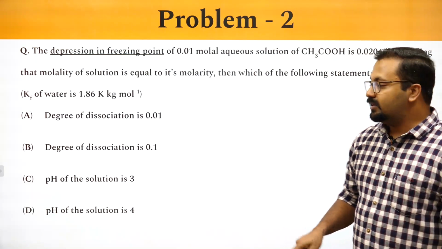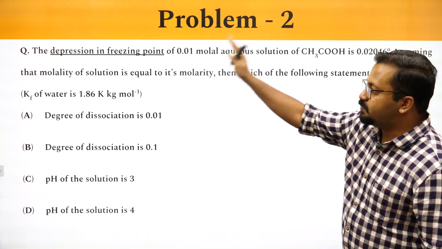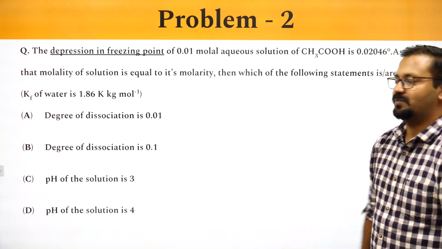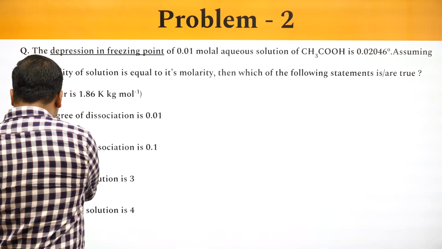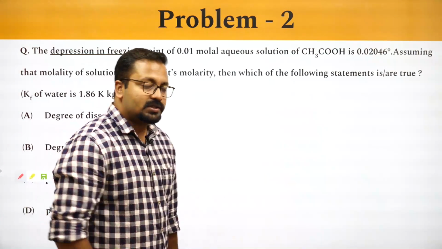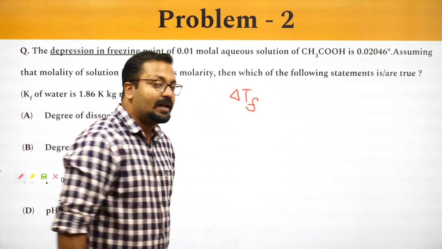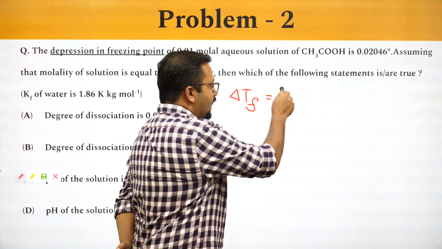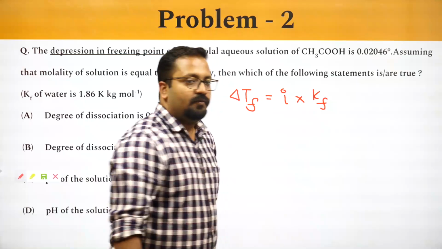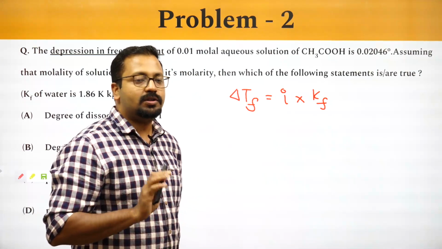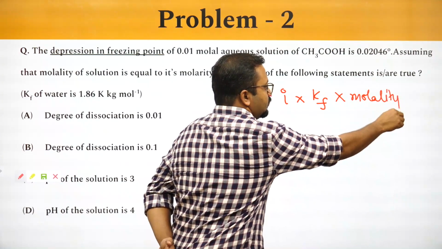So they have combined colligative properties with ionic equilibrium. Let's try to solve this question. बहुत easy question है, solve करने का तरीका बहुत simple है. हमें ये मालूम है कि we know this fact that the depression in freezing point ΔTf is equal to i, which is the Van't Hoff factor, times Kf, which is the molal depression or cryoscopic constant, times molality.